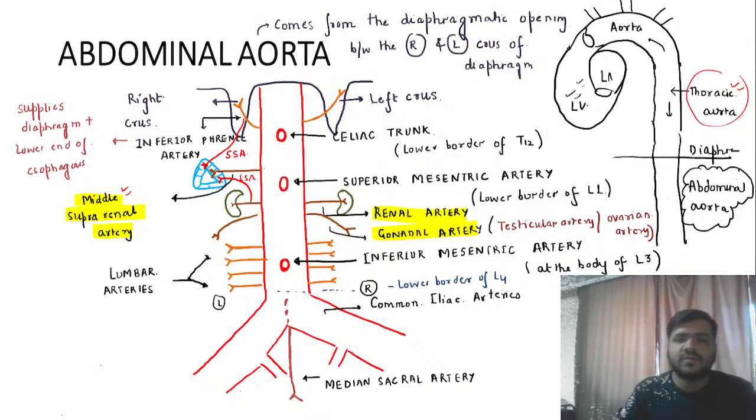So yes, it is the lower border of L4 vertebra in which the aorta bifurcates into the right common iliac artery and the left common iliac artery.